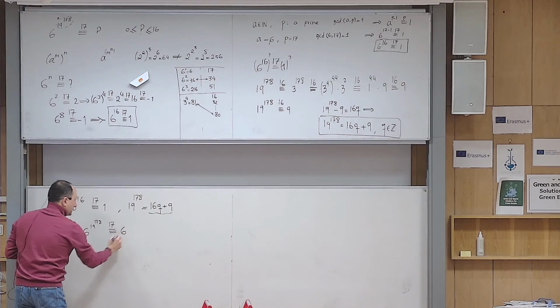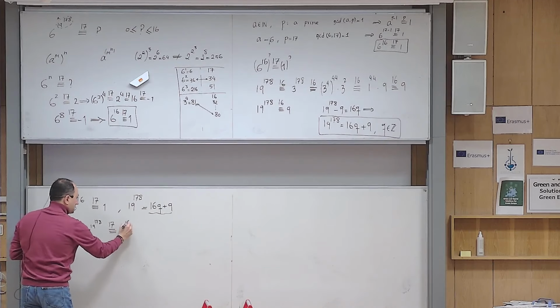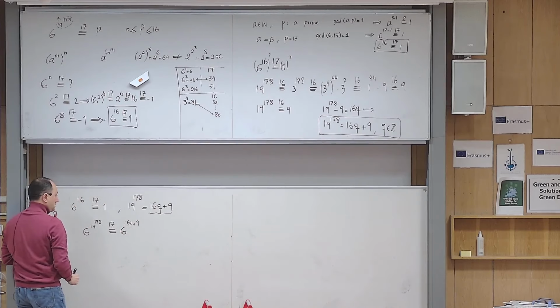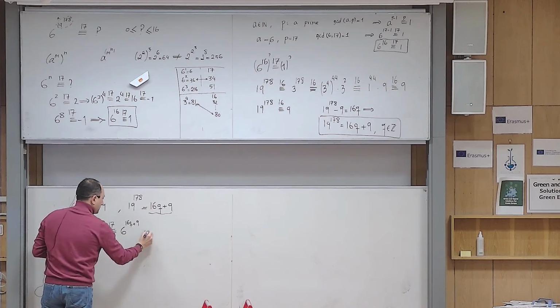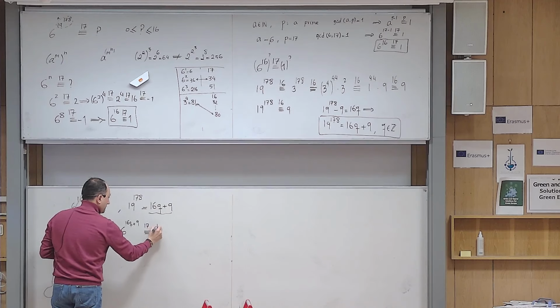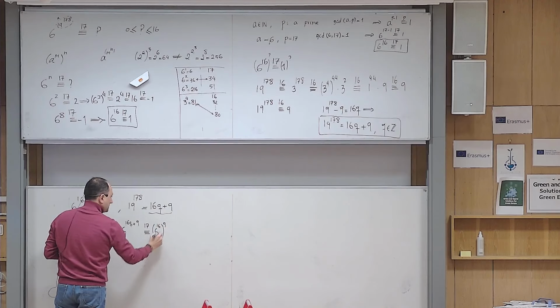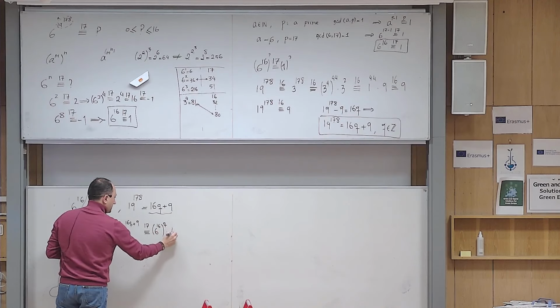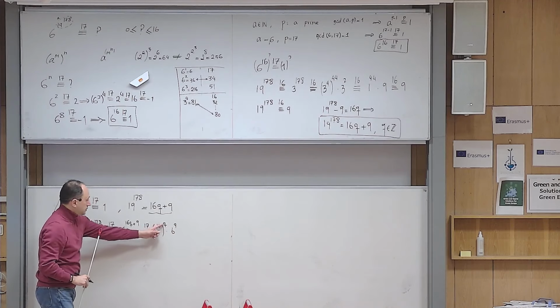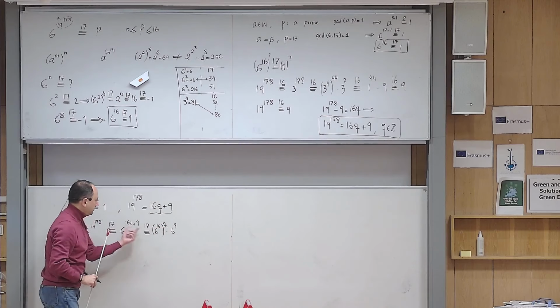So I would write it as 6 to the power of 16q plus 9. Yes? And then here I can write it as 6 to the power 16 to the power q, multiplied by 6 to the power 9. Yes, because 16 times q is 16q, and then I will write it in this form.